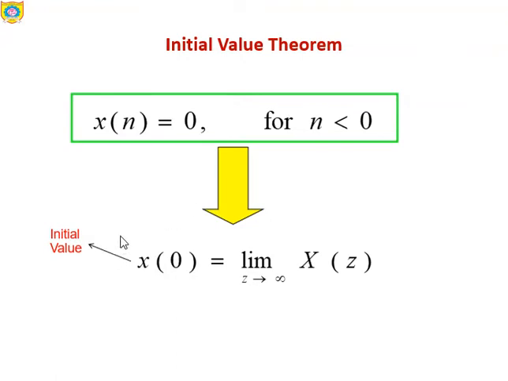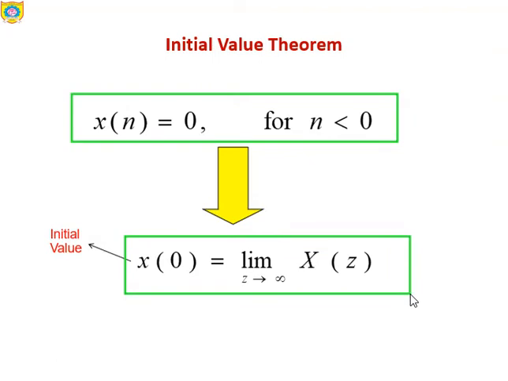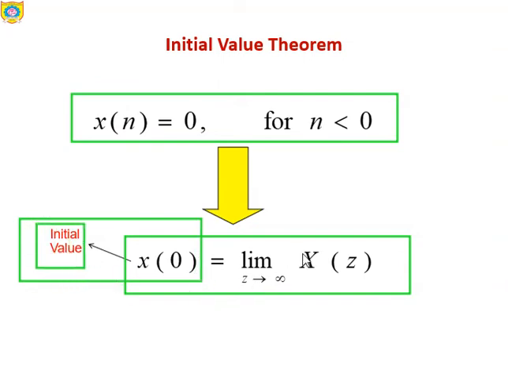For this causal sequence, the initial value theorem can be provided as x of 0 is equal to the limit as z tends to infinity of X of z. Here the initial value is indicated by the term x of 0, that's why it is pointed out over here as the initial value. So this is all about the initial value theorem.